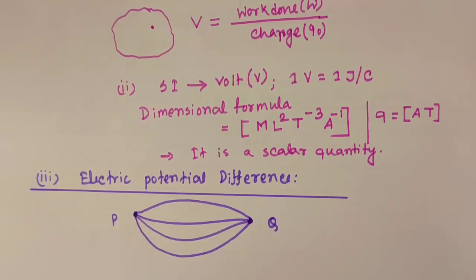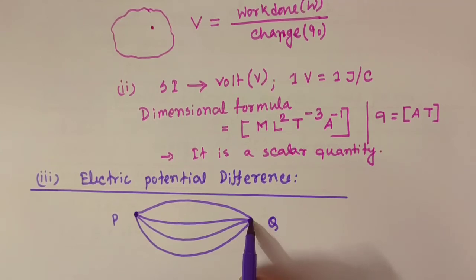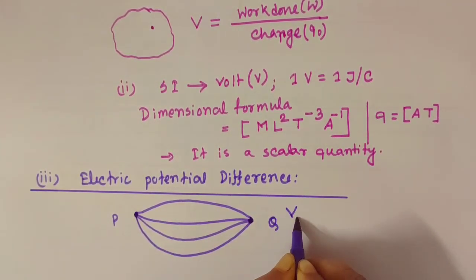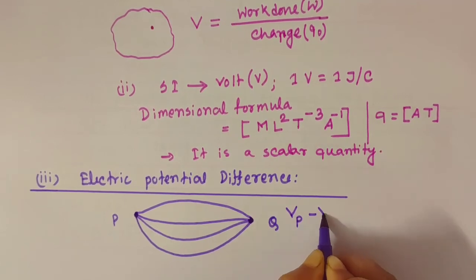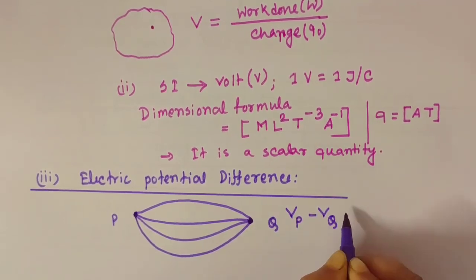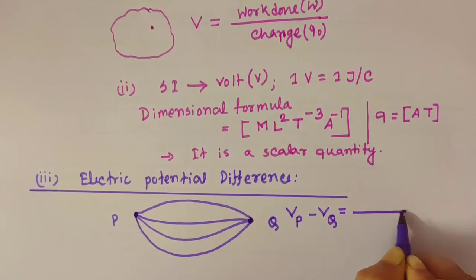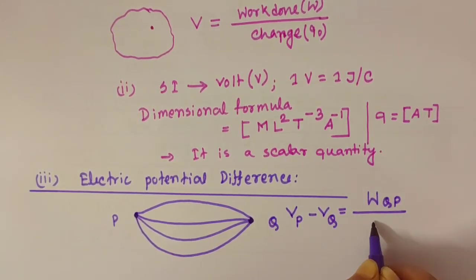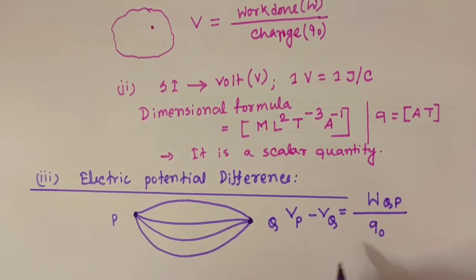Okay. So, if it's from Q to P, then we can write potential difference Vp minus Vq is equal to WQP divided by Q naught.